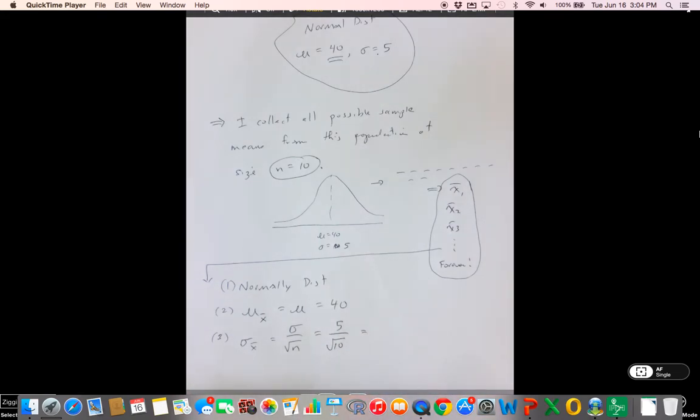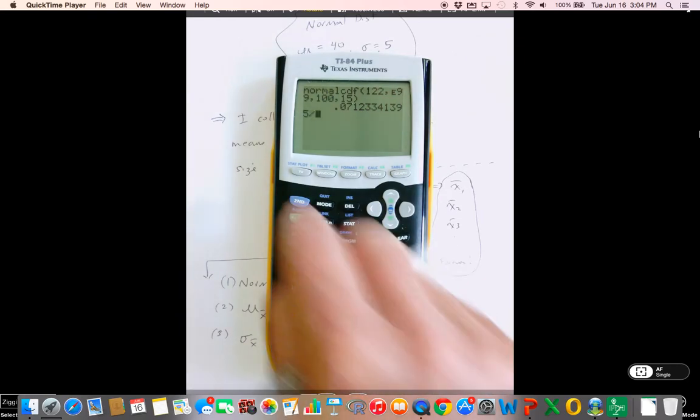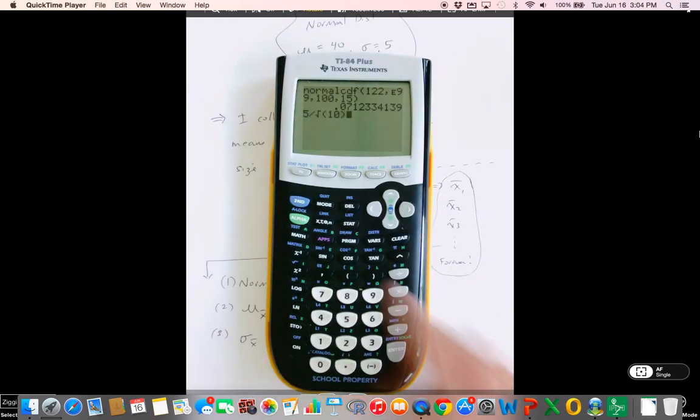So guys, let me grab my calculator. So 5 divided by the square root of 10 is 1.5811.